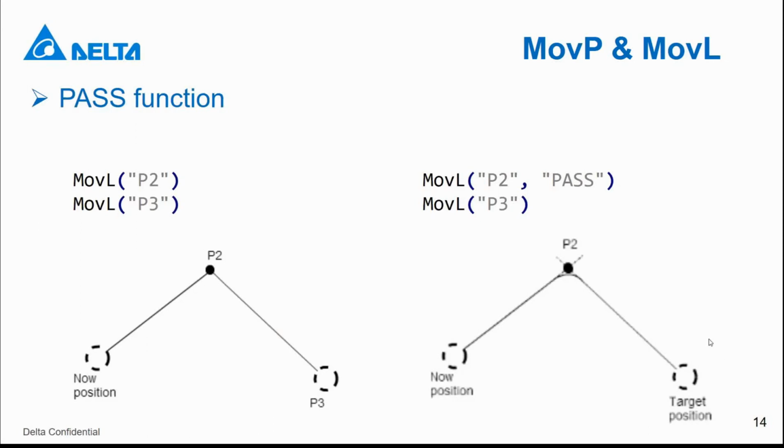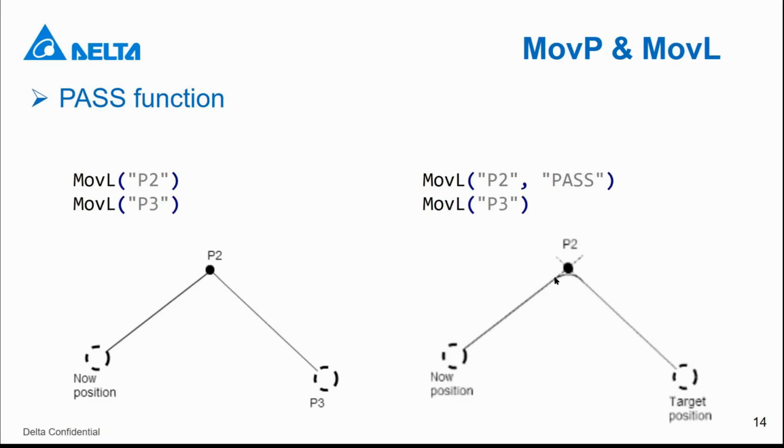So now we can use the pass function. That means we can write the program like this. We want to pass P2. On the robot, you can see this result. When the robot is going to move to P2, it won't really reach P2. It will start to turn to P3 before reaching P2.